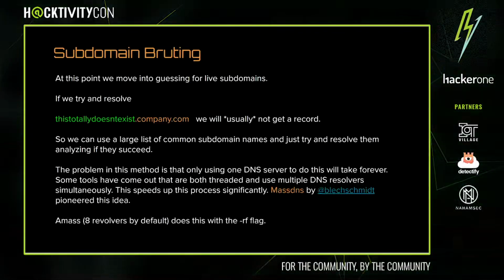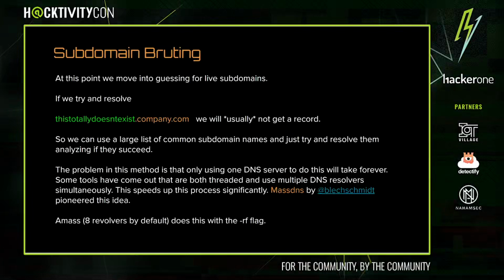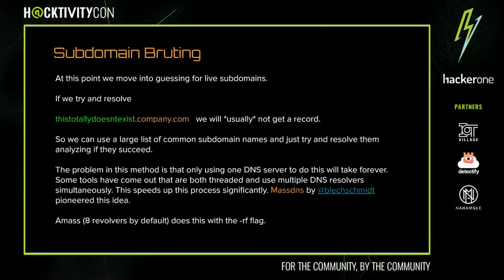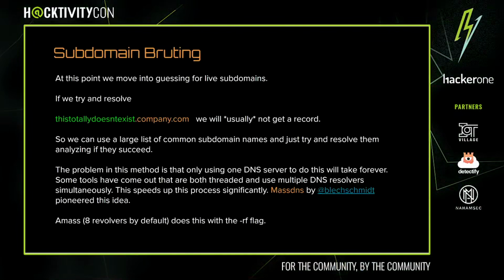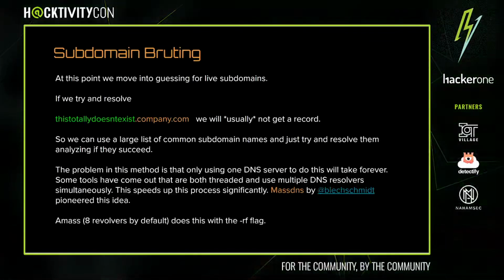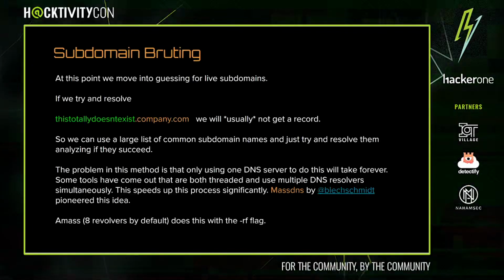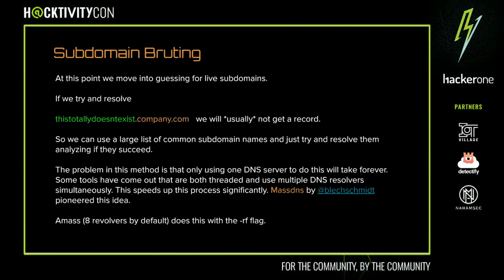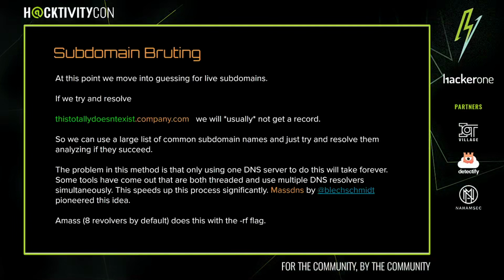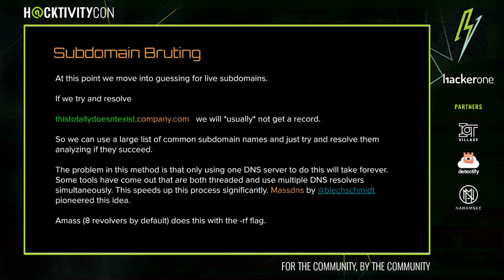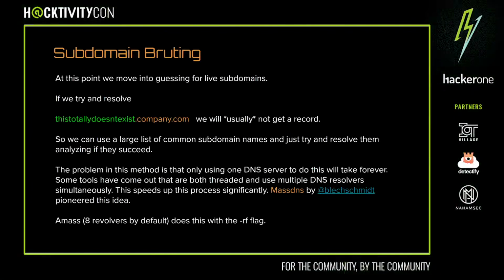So Amass has now built this idea of multiple resolvers into its tool, and it's had it for quite a while actually. I was using MassDNS for the longest time, and they pioneered the idea, but I now use Amass for this, and Amass already uses 8 resolvers by default, and you can go out and parse more DNS resolvers for yourself that you trust, and add them to its list, and it'll dramatically increase the brute forcing speed of Amass.